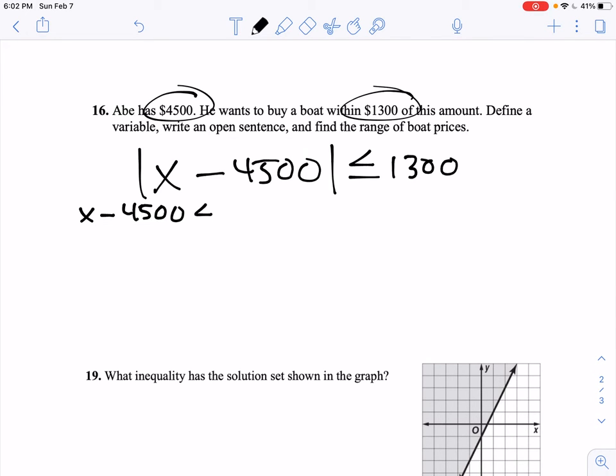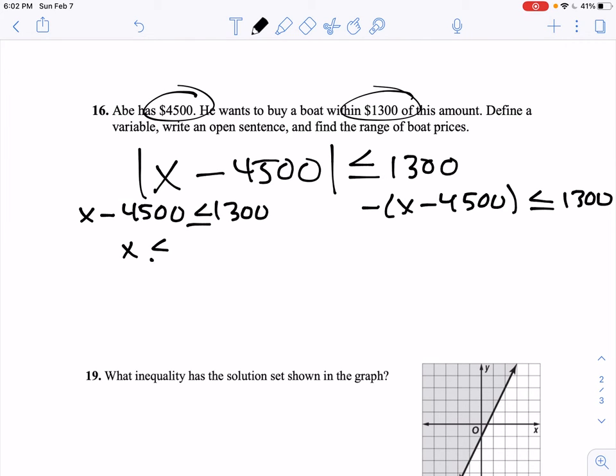So we'll say we got our case 1 here, and then we have our negative case over here as well. So you'll get x less than or equal to 5,800. This will give you negative x plus 4,500 less than or equal to 1,300.